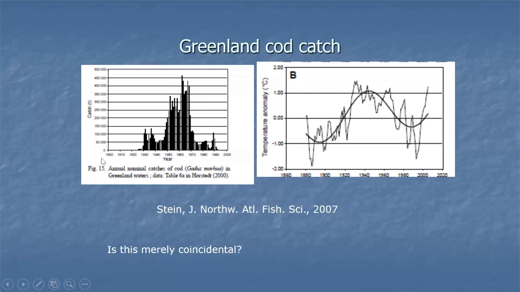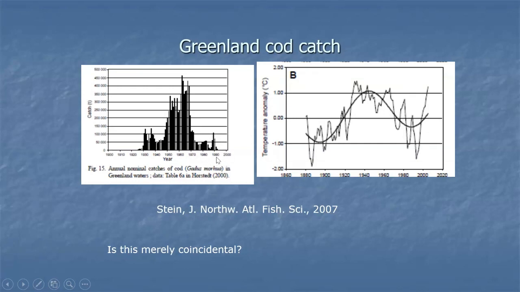Starting in about 1920, the Danish government provided Greenland with subsidies to do mechanized fishery. And there was this big boom in Greenland cod, catching 300,000 tons here. And then it goes down, and then sometime around here it collapses completely.